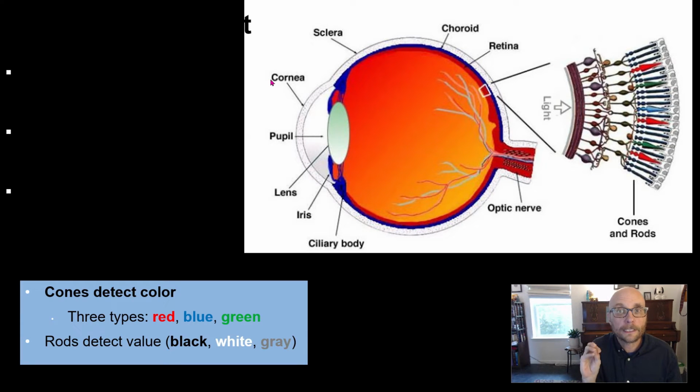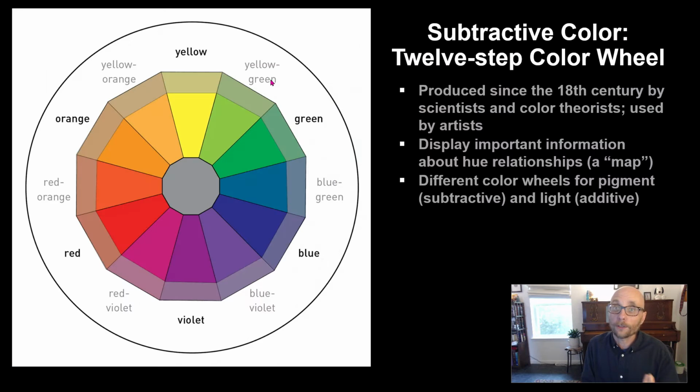There's a little chemical reaction that happens when certain wavelengths hit those cones and rods. That's transmitted into an electrical impulse. Your brain responds to it, and you see, right? So, cones and rods.